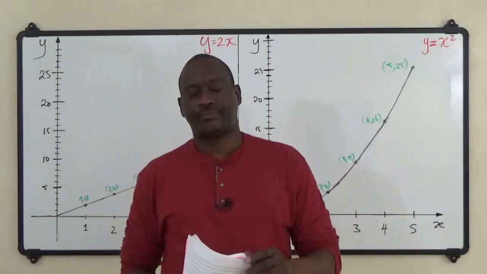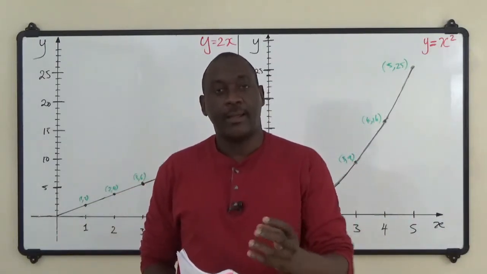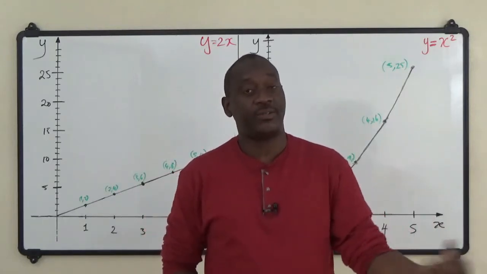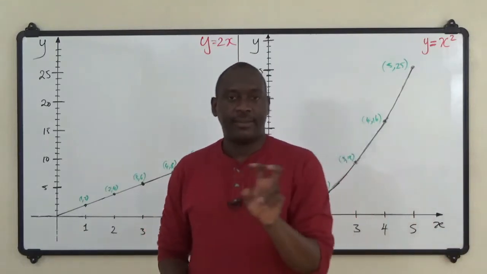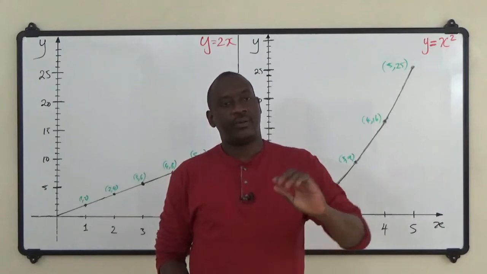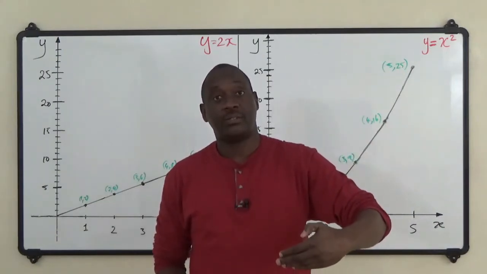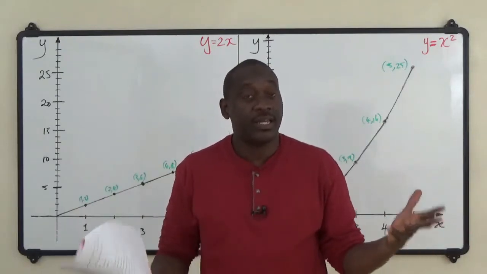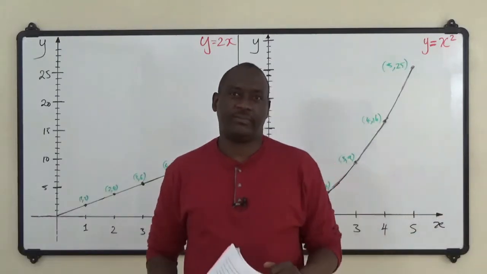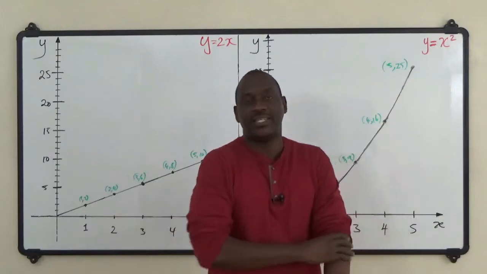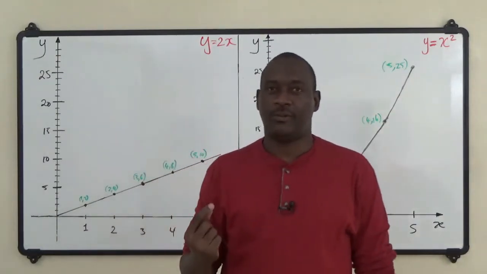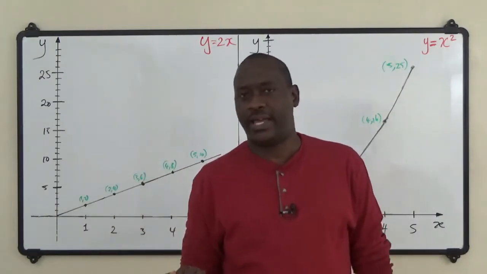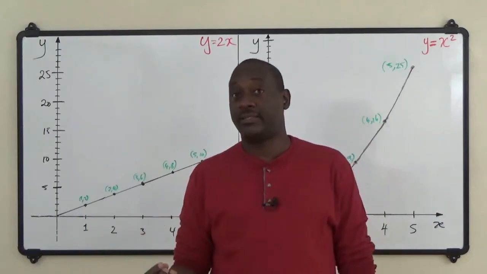We talk about the change in y per unit change in x. In other words, every time x changes by 1 unit, y changes by a certain amount, either positive or negative. That essentially is what we refer to as the gradient. The gradient is the ratio of the change in y to the change in x.